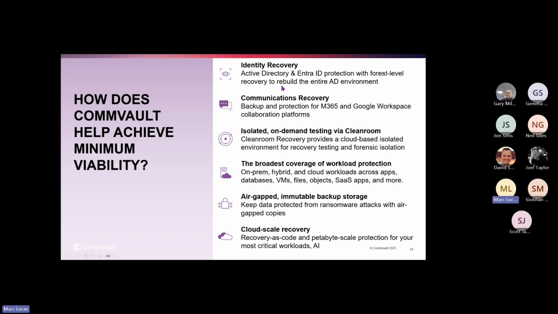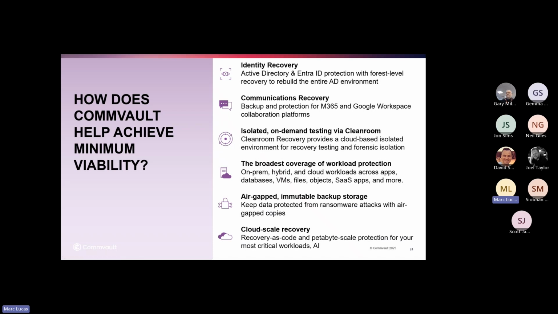These are the tools in the Commvault cyber resilient Batman utility belt. Making sure that their Active Directory recovery is rapid, not just granular, but also recovering entire forests for AD. Making sure, again, they can recover what they've got in SaaS, like Microsoft 365 or Google. Having that isolated clean room, but having it where you can spin it up when you need it, you can shut it down when you don't.